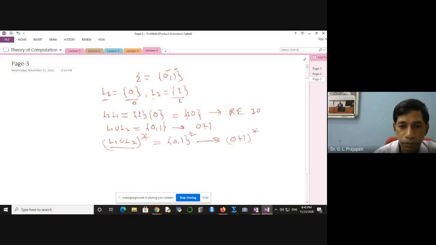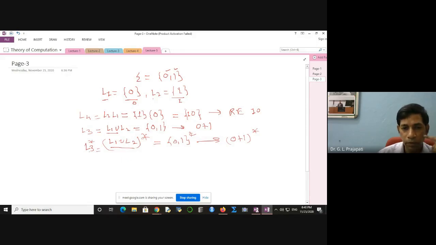So like this. L1, L2, assuming that this is L3, and this may be L4. So L4 is L2 concat L1, and L3 is L1 union L2. Now you have made the Kleene star of L3, L1 union L2.